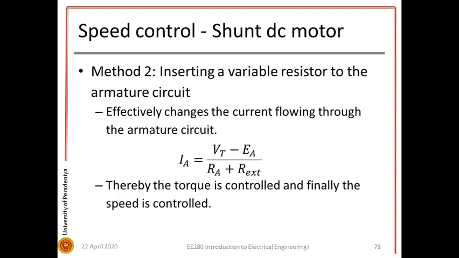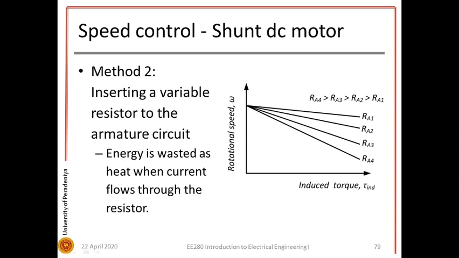So when you take the induced torque equals K phi Ia, phi is constant, therefore torque is directly proportional to the Ia value. So when you change the resistance, what you are basically changing is the gradient of the torque speed characteristic curve.